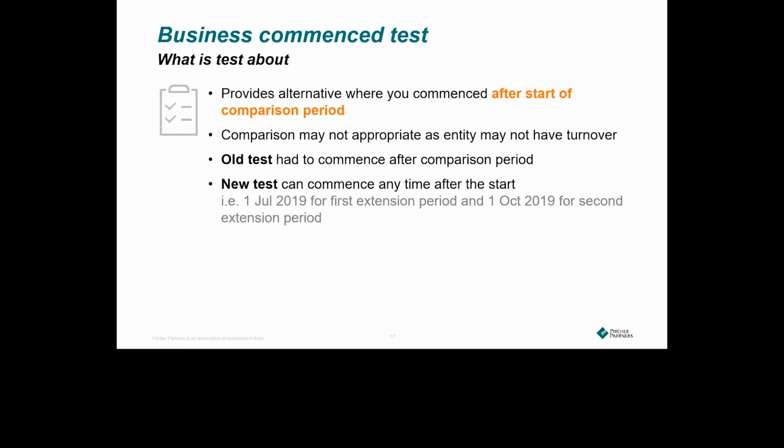Presumably the logic behind this is that if you do start on the 1st of July, there is an appropriate comparison period. It's a little bit questionable, as if the entity's just started, you might question how comparable it would be and whether you would satisfy the basic test. However, doesn't it stop you applying some of the other alternative tests?